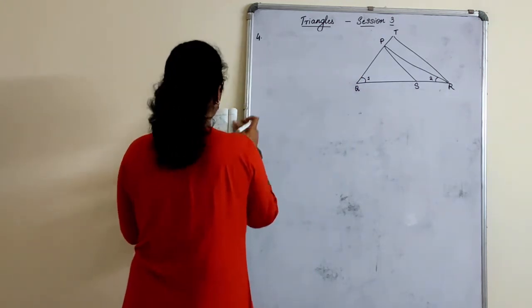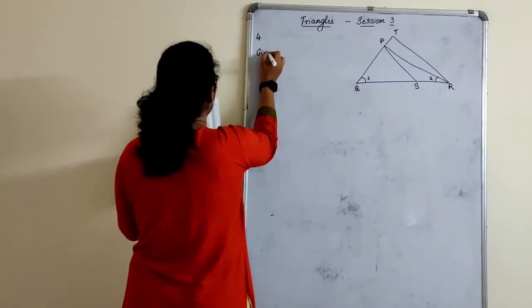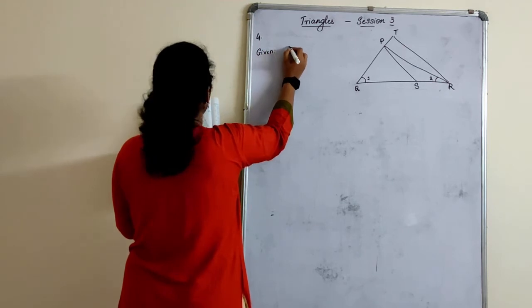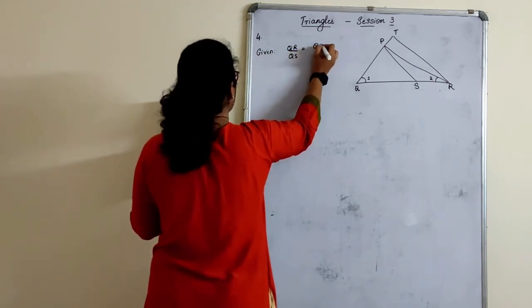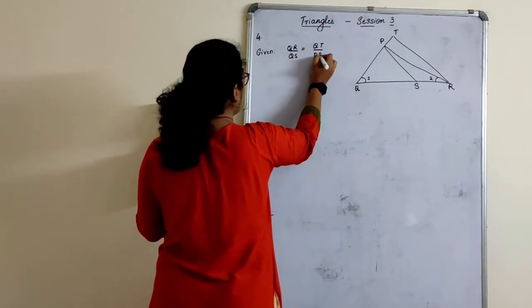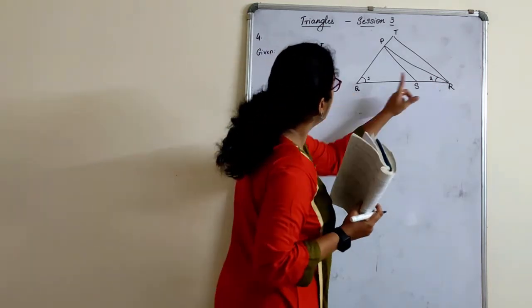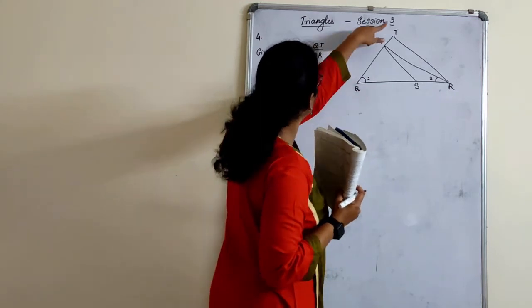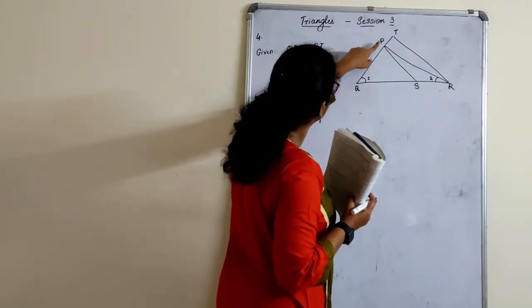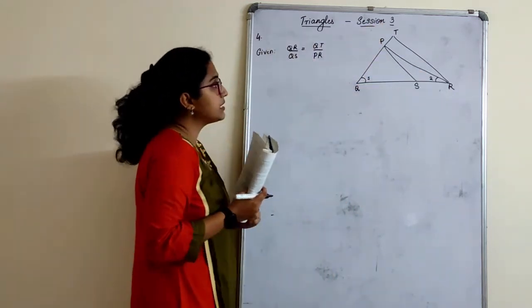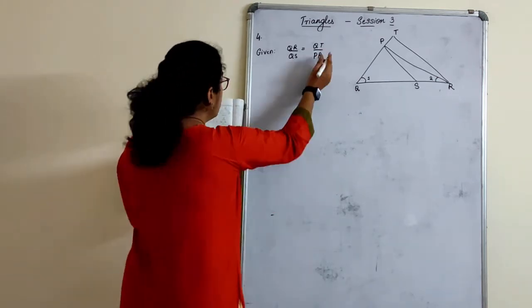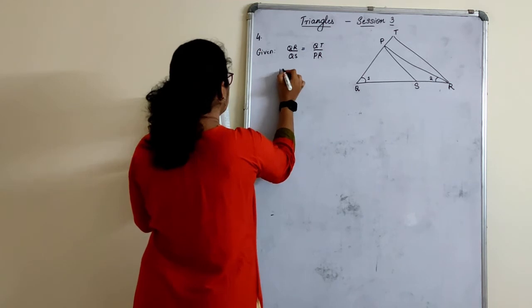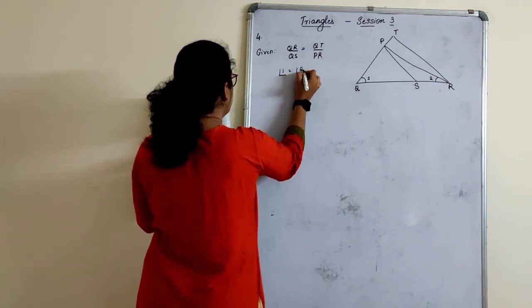In the figure, we will write what they have given. QR upon QS is equal to QT upon PR. These are the proportional sides which are given. Along with that, angle 1 is equal to angle 2.